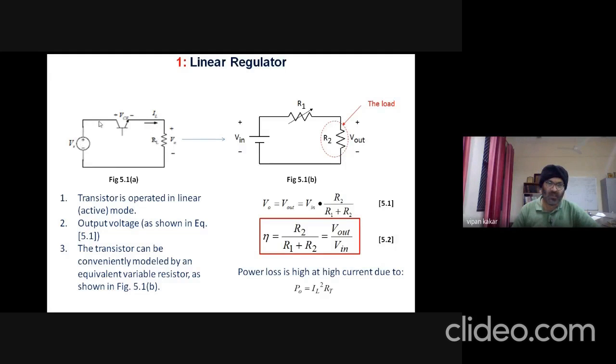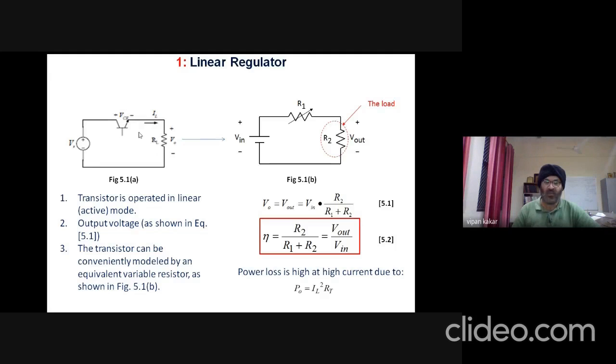In this case, the voltage source, or power source, is connected to the load through this transistor, which can be called a switch in power electronics, as I told you in the first few lectures. Now this switch will decide how much voltage should appear at the load over here. This transistor in a linear regulator operates in linear mode, which is active mode.